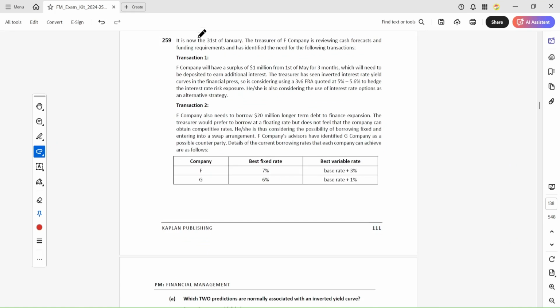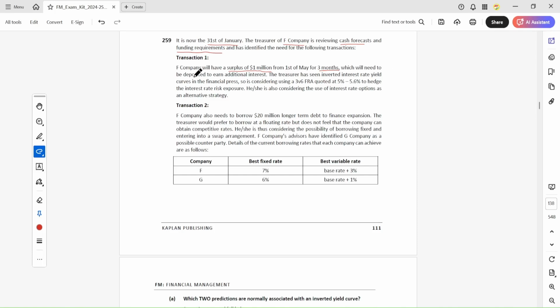Okay. It is now 31st of January. The treasurer of F company is reviewing the cash forecast and funding requirement and identifies the need for the following transactions. Transaction 2: F company will have a surplus from 1st of May for 3 months.